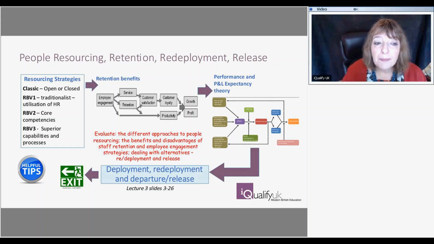So RBV1, resource-based view, the first example, is an approach to resourcing through traditionalist utilisation of human resources. You get somebody in to do a job, and that somebody has to have a certain skill set in order to do the job. Then there's the concept of resource-based view focusing on core competencies.